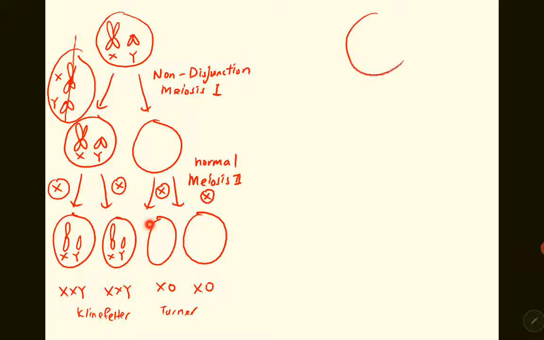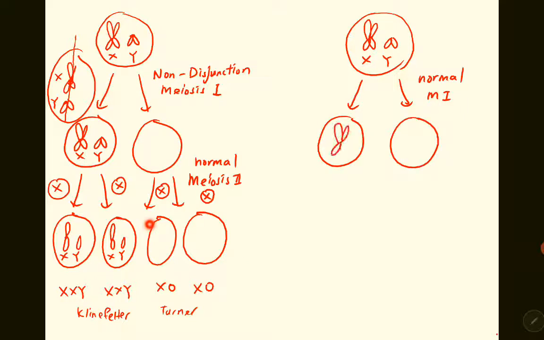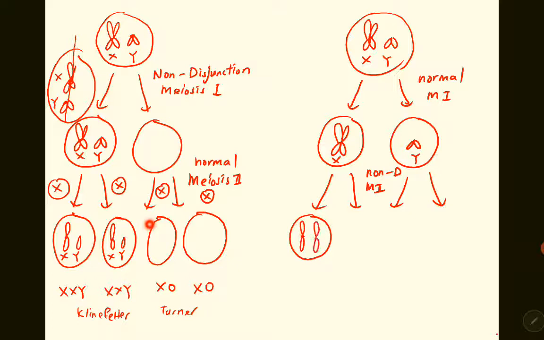What if non-disjunction occurs during meiosis 2? So now XY, normal meiosis 1, homologous chromosomes separate. So now X, Y. Non-disjunction during meiosis 2: now this X fails to separate, and the Y fails to separate. So when the X fertilizes the XX here, it becomes XXX.